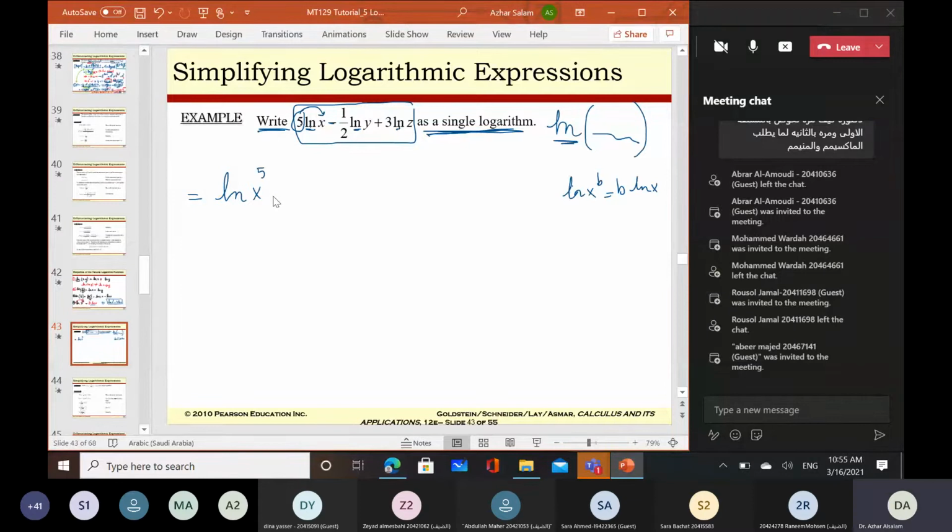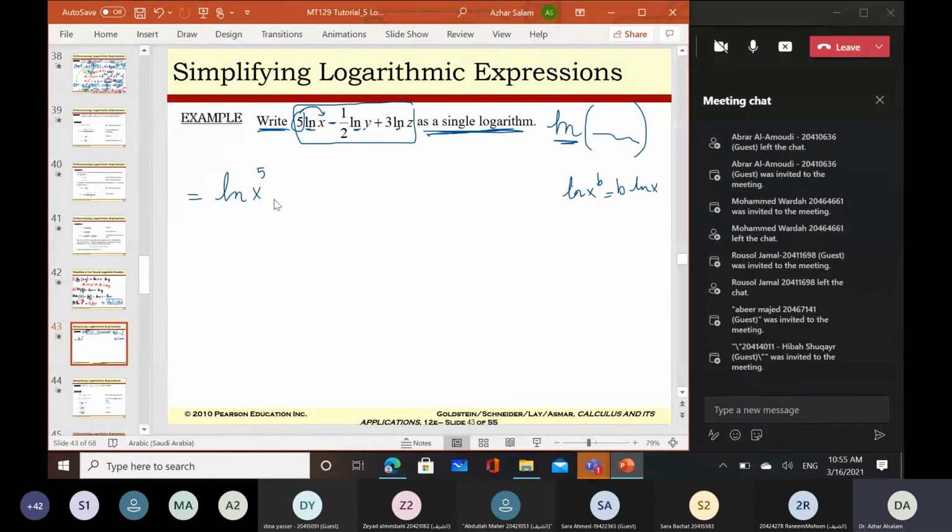Then minus. Also this minus I can include with the half, or I will leave it minus, maybe it's easier. Minus ln, this half I will take as a power to y, ln y to the power half, then plus ln z to the power 3.